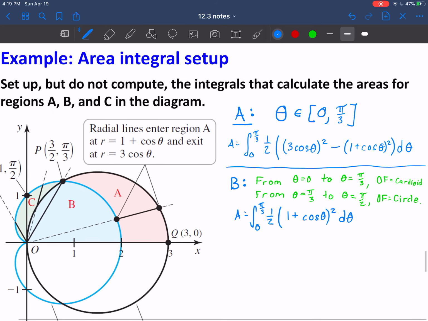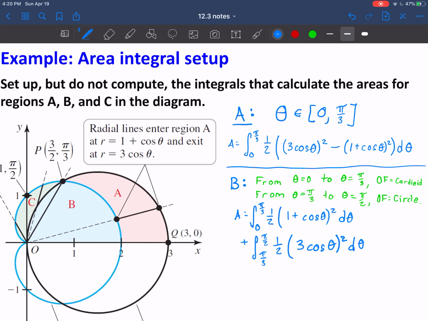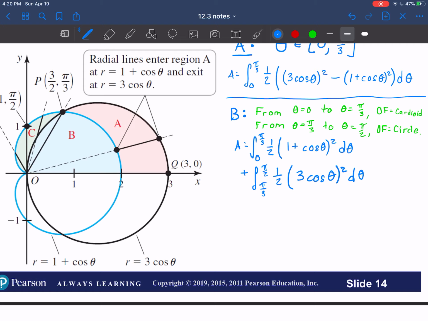And then we add the integral from pi over 3 to pi over 2 of 1/2 times the equation for the circle, which is 3 cosine theta squared. Alright, so the area is the sum of those two. Let me actually make them a little bit smaller and put them on the same line.